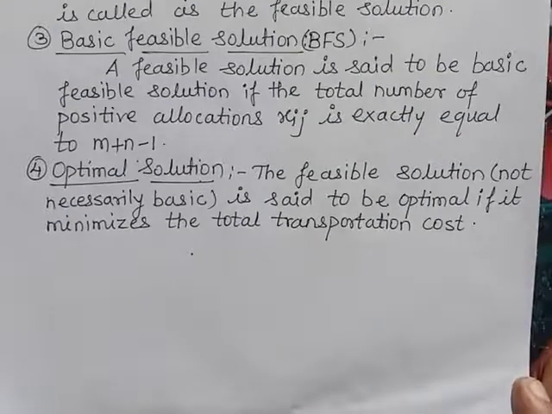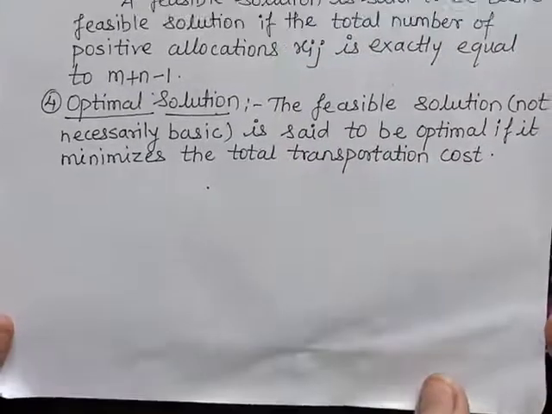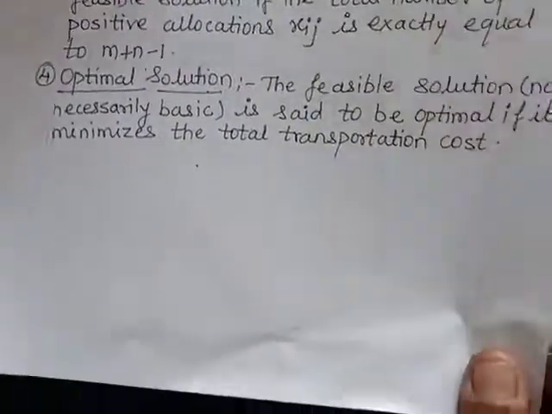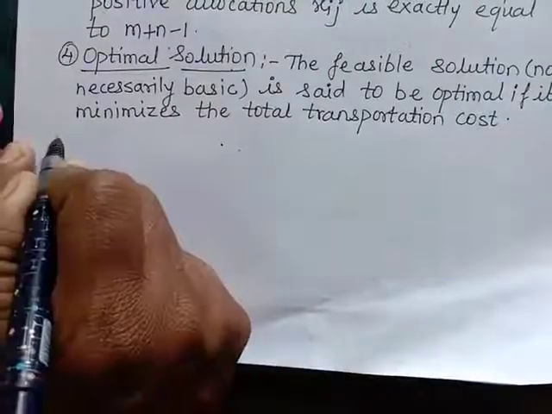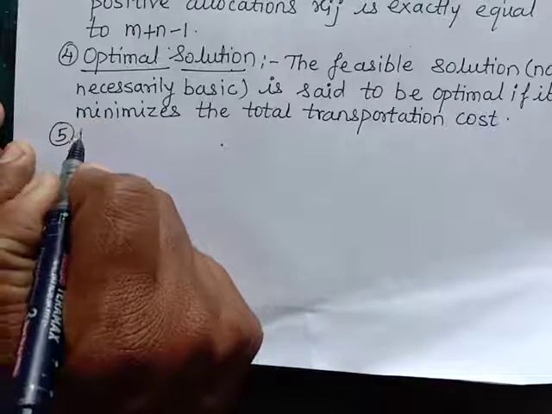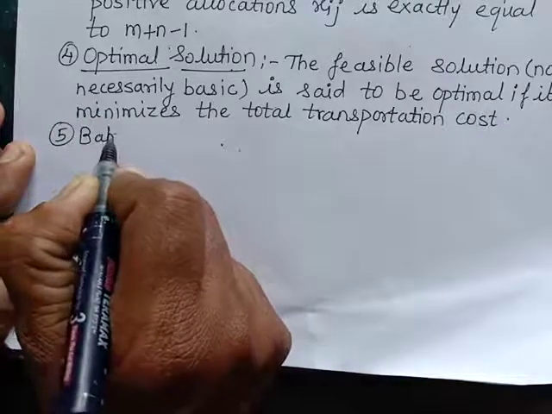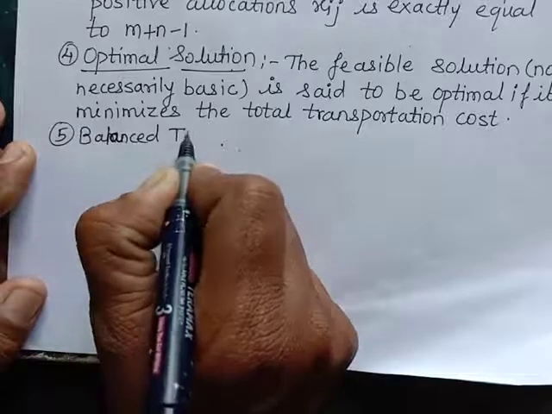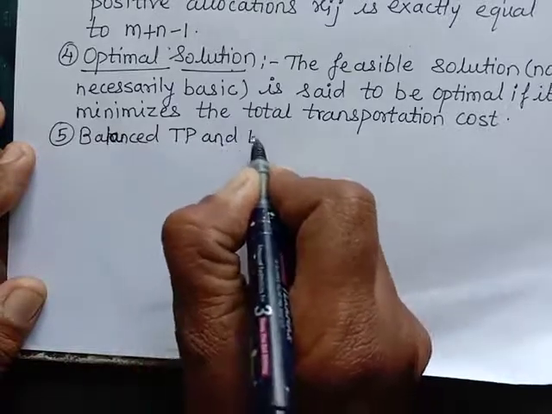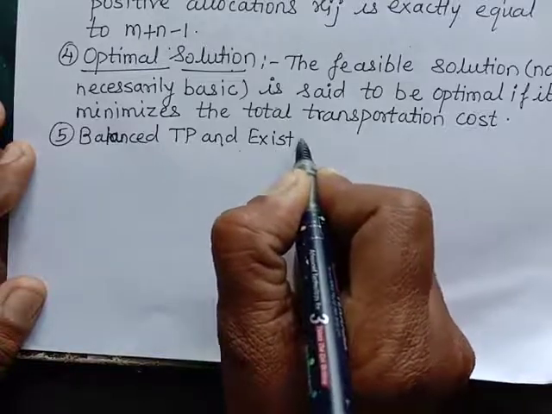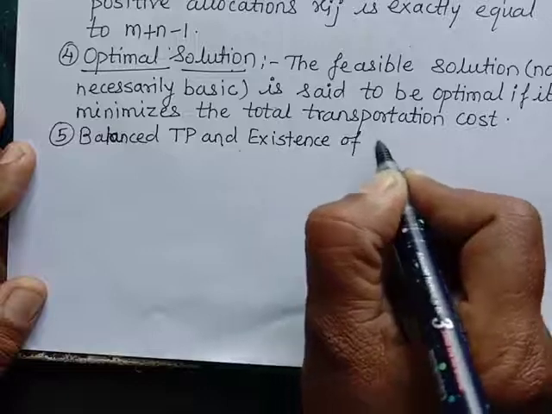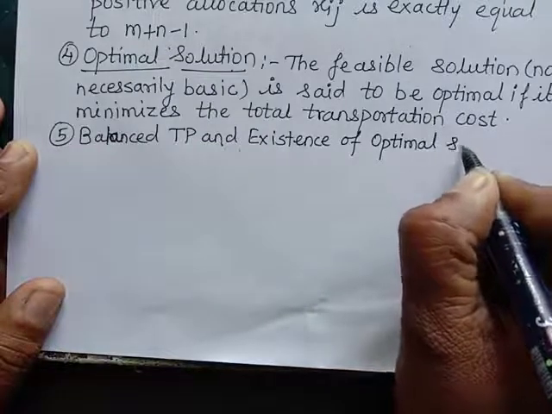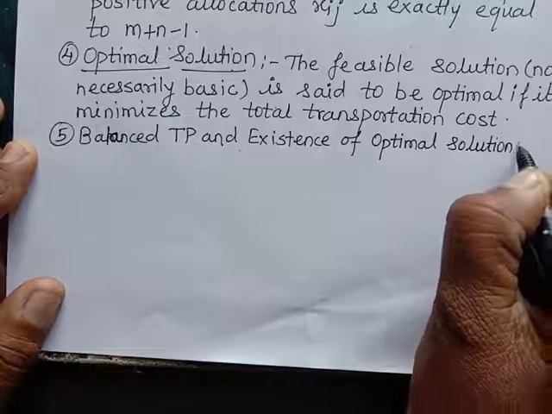Now the next, fifth definition is of balanced TP and existence of optimal solution.